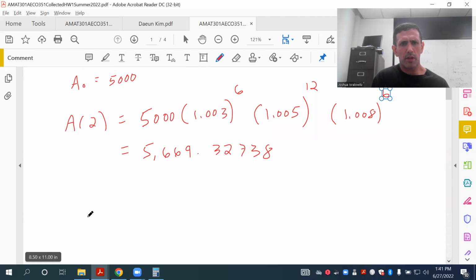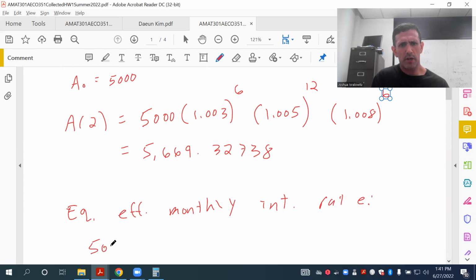So the equivalent effective monthly interest rate is set up in the following way.